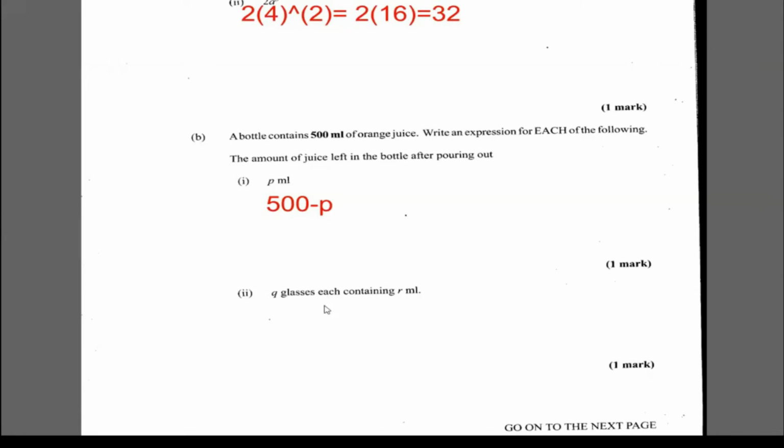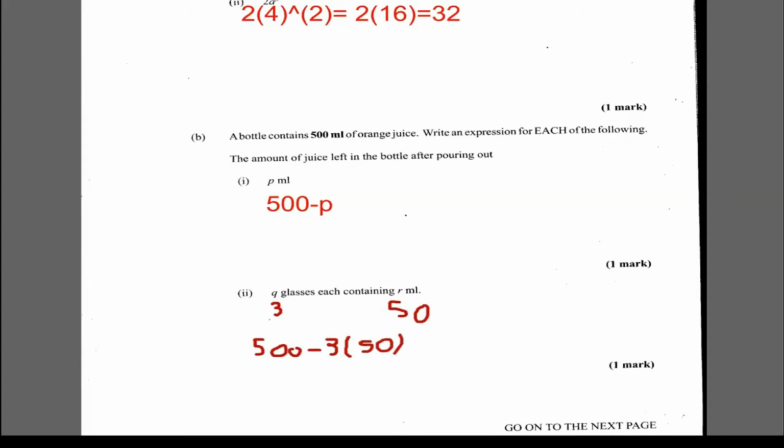You'll see it better. For example, let's say you were pouring out 3 glasses, each containing 50 milliliters. The total would be 500 minus the number of glasses times how many milliliters in each glass. 500 minus 3 times 50. That's what you would do if you had numbers there.